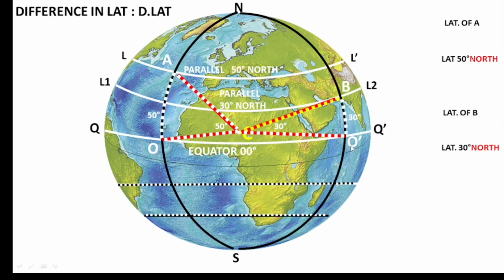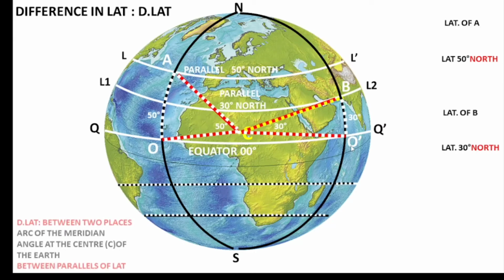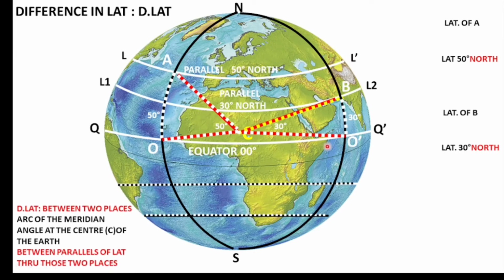Difference in latitude. What is difference in latitude? Difference in latitude is the arc of the meridian or angle at the center contained between the two parallels. So now one parallel is here, another parallel is here. So this arc is d-lat, or the angle what it forms in the center. Here, both the latitudes have the same name.